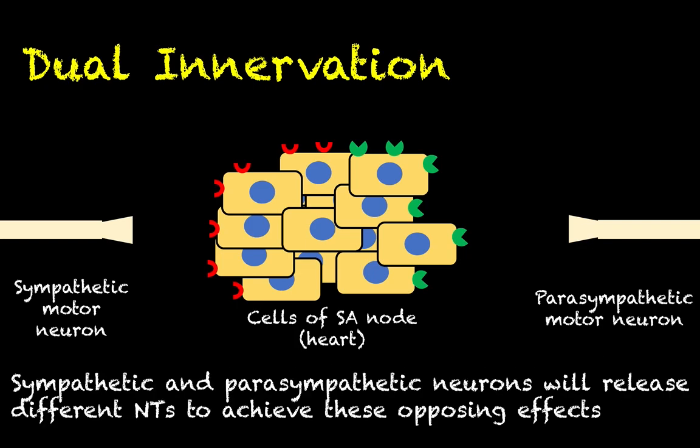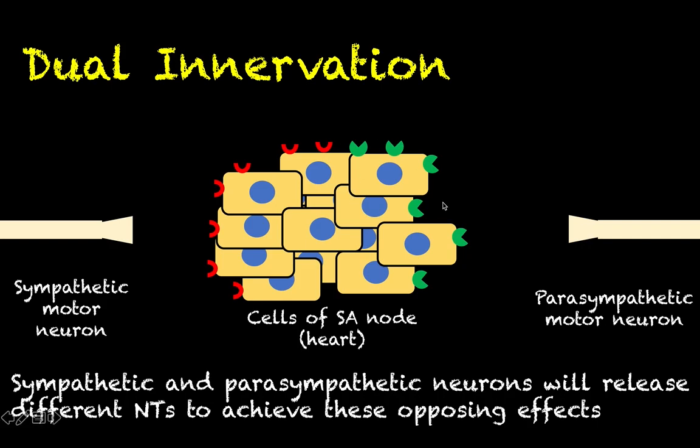So the idea here is that the sympathetic motor neuron and the parasympathetic motor neuron are each going to release different neurotransmitters in order to differentially regulate a person's heart rate. So let's look at how that works. Now, the first thing I want you to notice is that each cell here possesses both red receptors and green receptors.